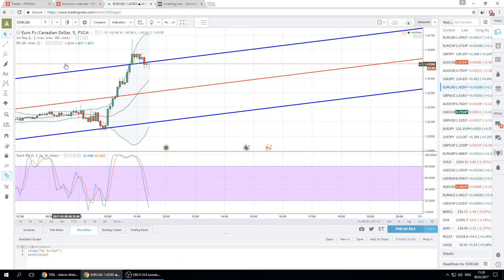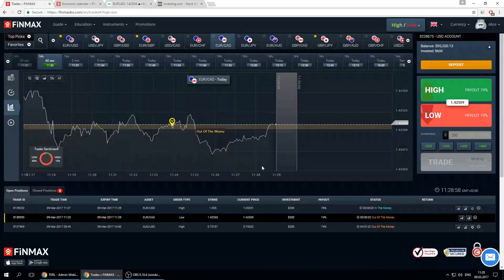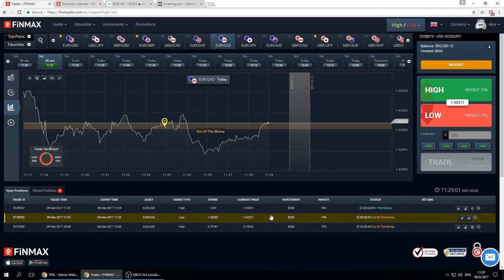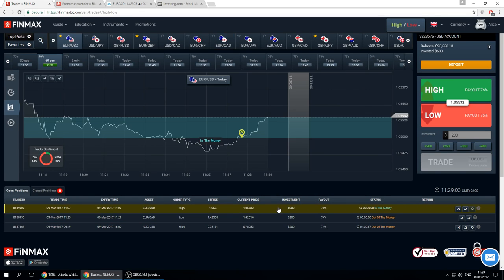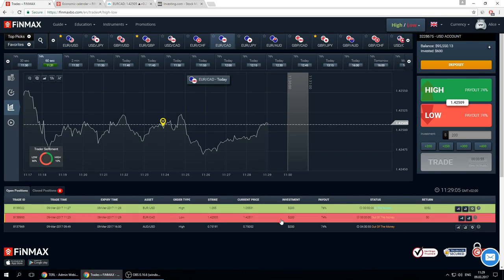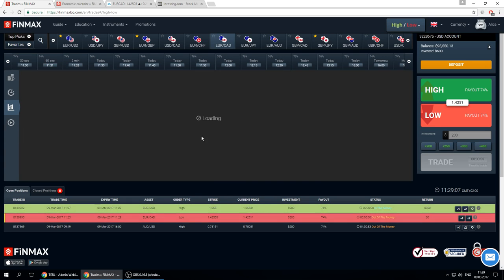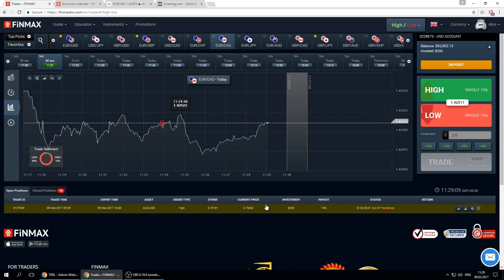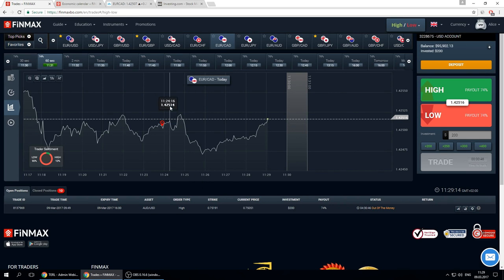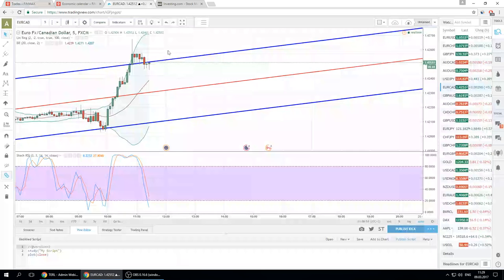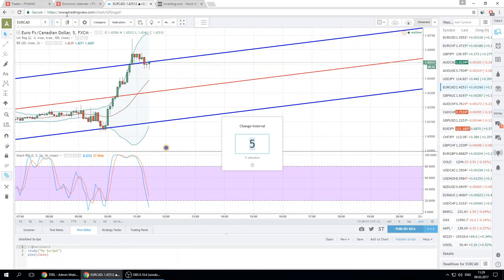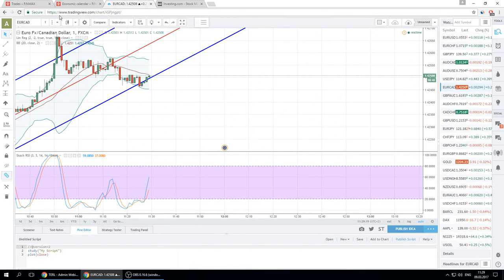Okay, so for me it's not clear enough what to do next. This trade is in the money, this trade is out of money, so I need to see the results and the potential for falling, because right now we see that euro is growing.